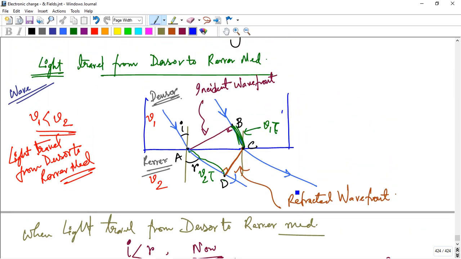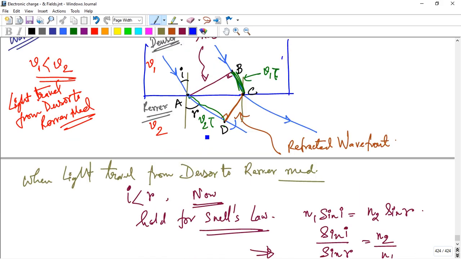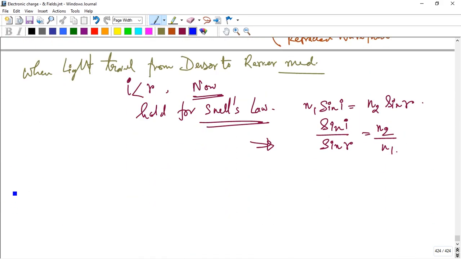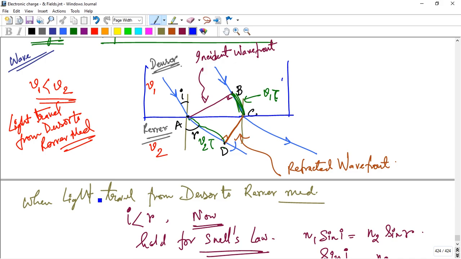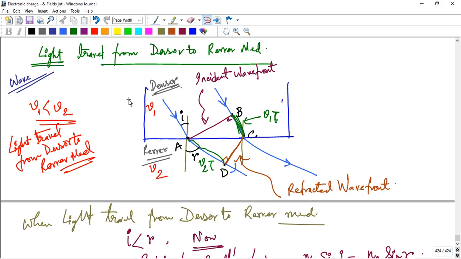Here light travels from denser to rarer, and here is a condition: if the refracted angle R is equal to 90 degree. So copy the diagram.